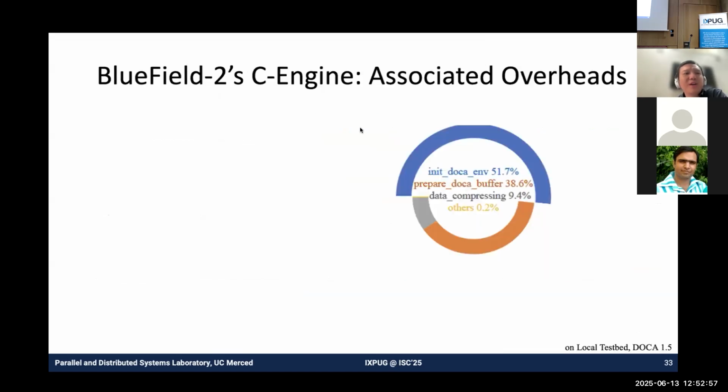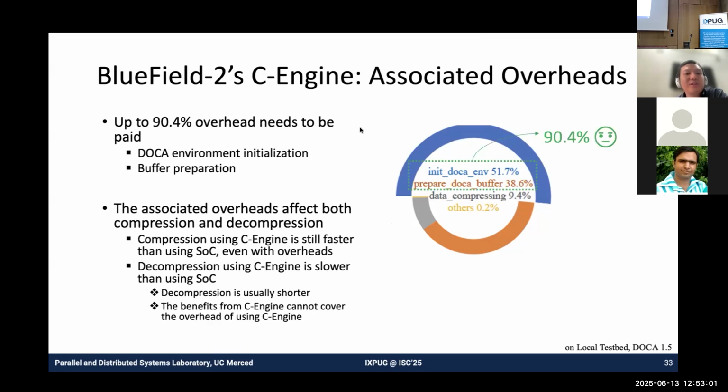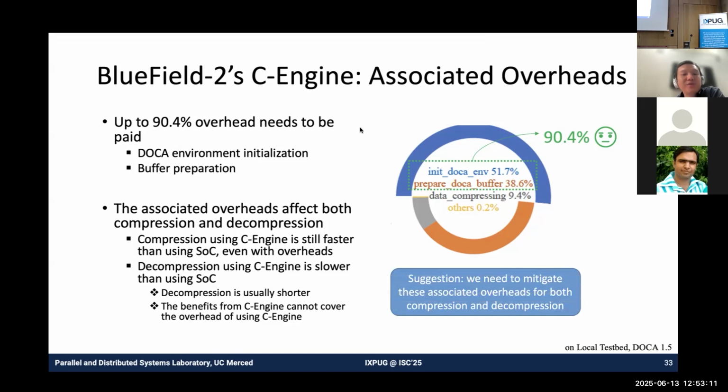So we further break down what happens internally. We see there is much overhead involved with Docker environment initialization, as well as buffer preparation, and so on and so forth. So if we want to use this kind of compression engine for your data compression pipelines, we need to mitigate this associated overhead significantly for both compression and decompression.